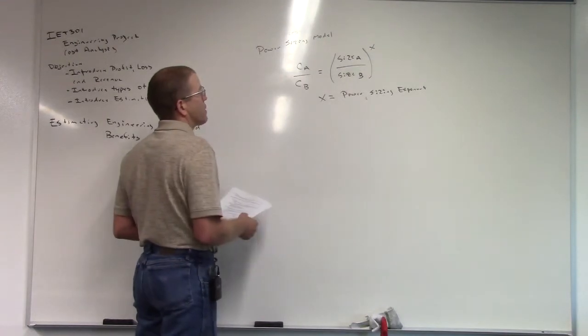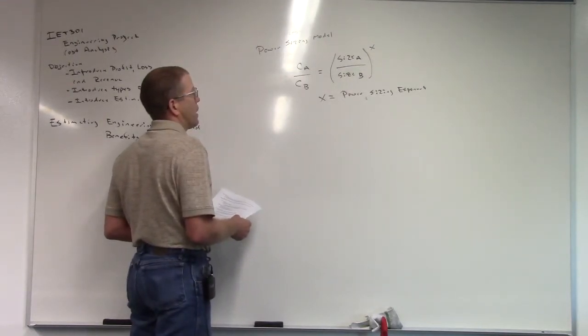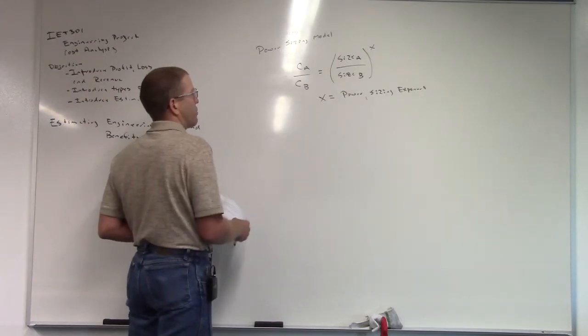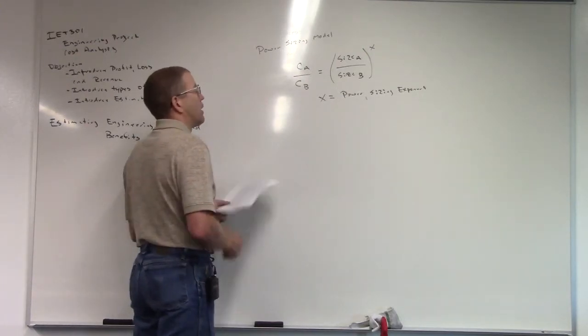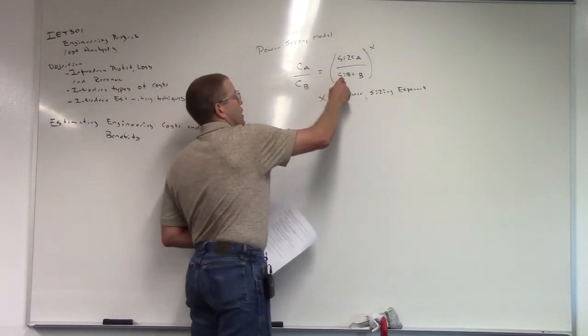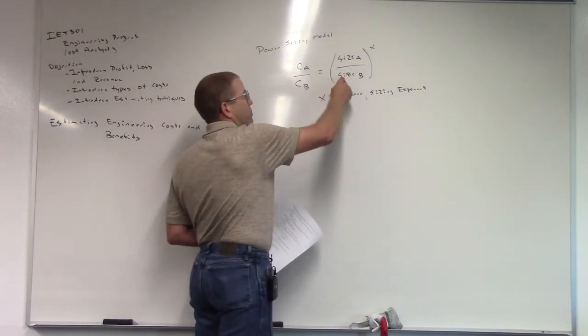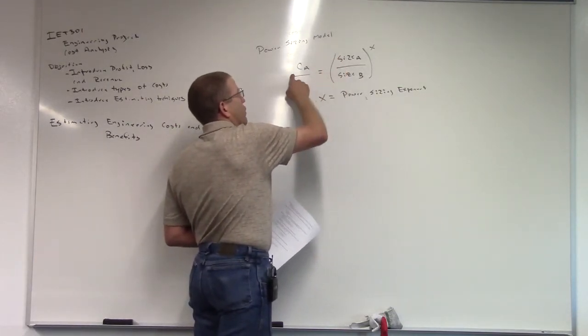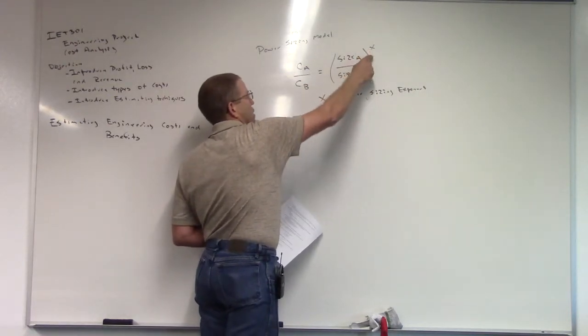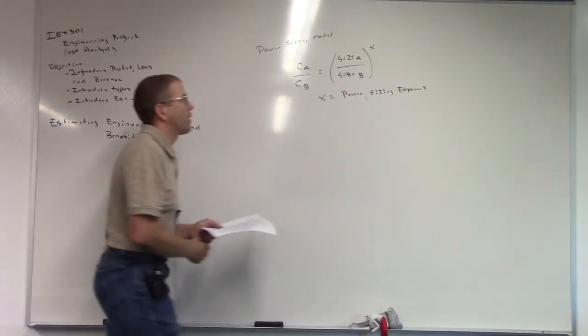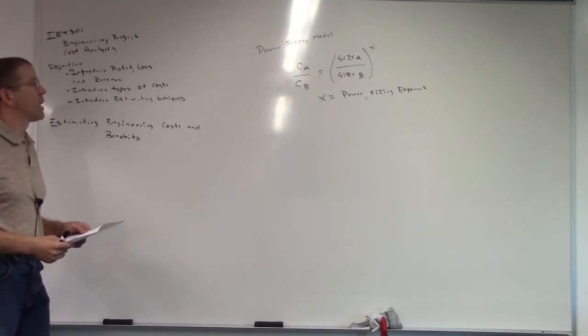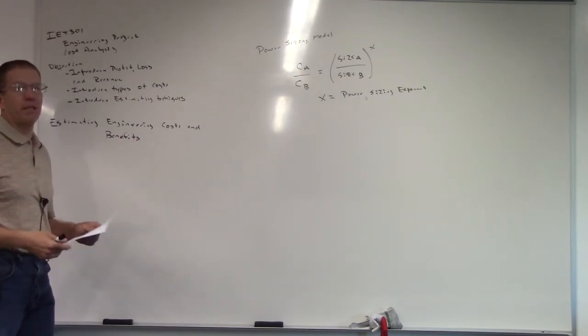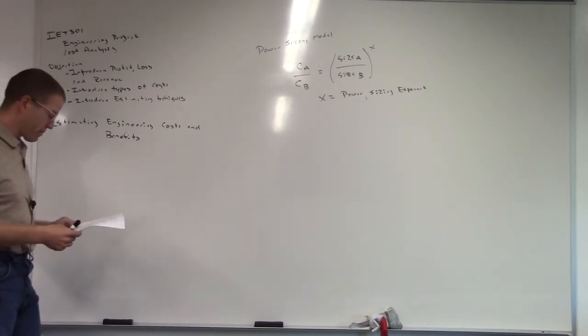As you can see, this is just a plug-and-chug type of situation. As we saw in the previous example, if you're given the sizes associated with the first and second model and the cost of one of the models along with the power sizing exponent, you can solve for the other model just by applying some simple algebra to the problem.